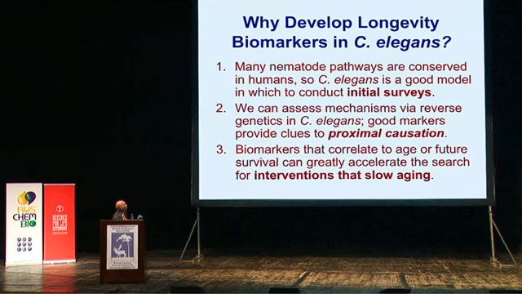And of course, if you get good biomarkers, then you can use these to the extent that they extrapolate to humans. You can use these as surrogates for actually waiting until death to determine if an intervention really affects the rate of aging or subsequent longevity. Next.